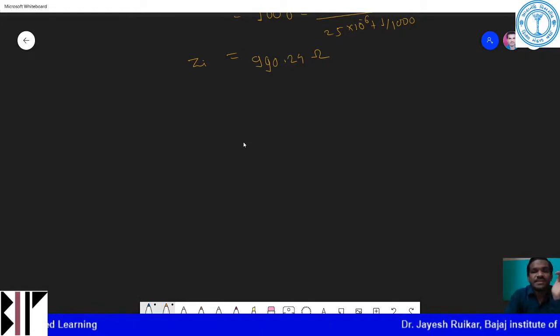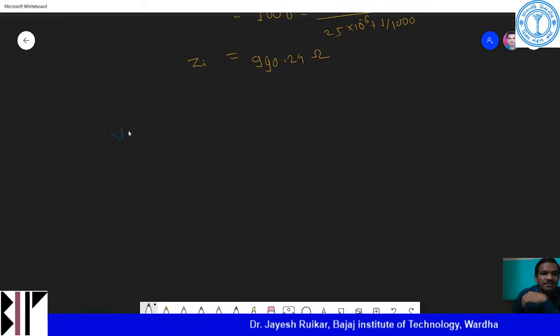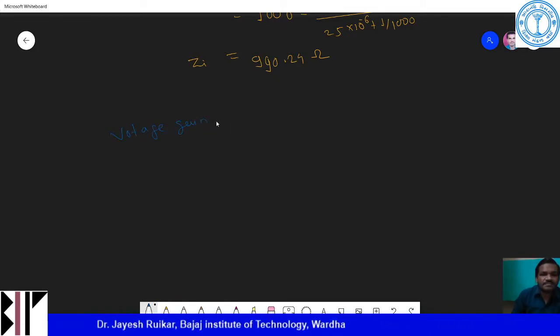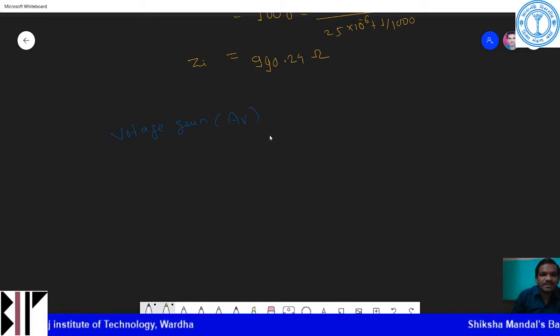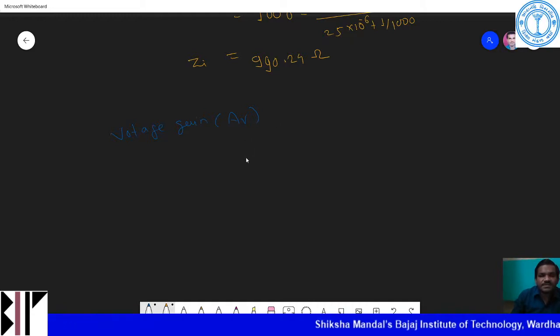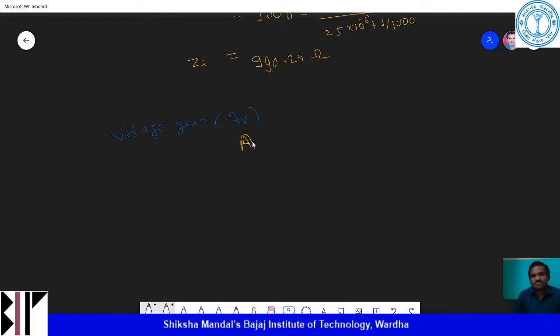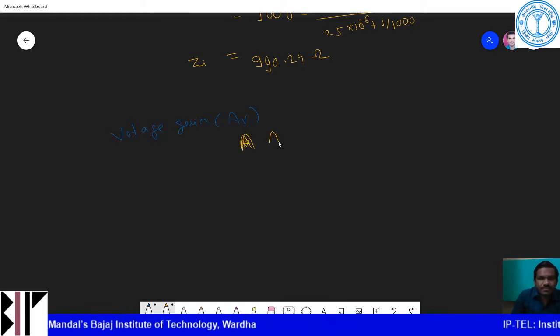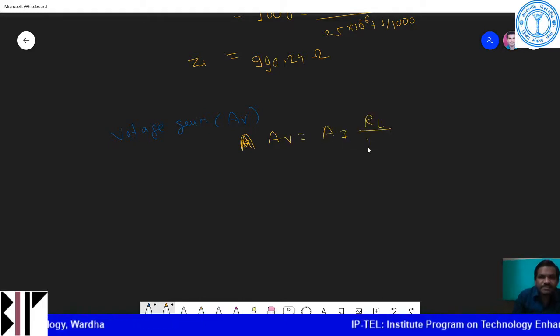Okay, so the next term is your voltage gain, that is AV. AV is equals to AI into RL by RI.